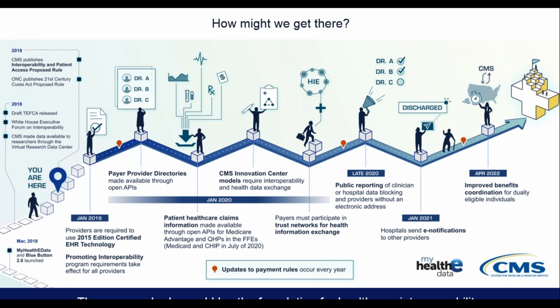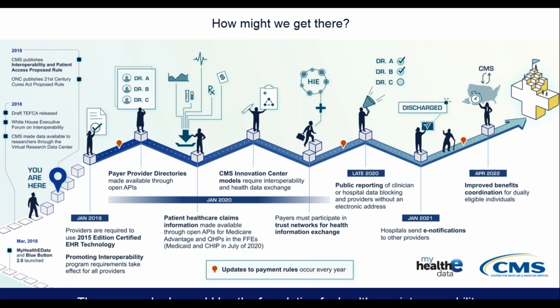The third and final RFI is related to post-acute care providers. We understand that these providers have a lower adoption rate of electronic health records or health IT, and we have heard that is in part due to the fact that they were not eligible for the meaningful use program incentive.